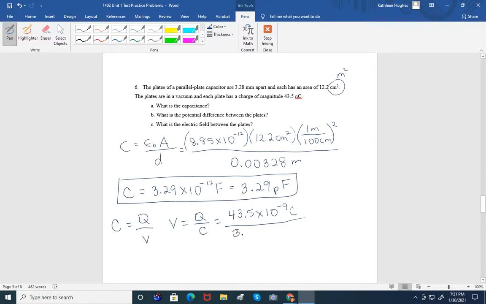Capacitance is 3.29 times 10 to the negative 12 farads. I put that in my calculator, and it comes out to be 13,200 volts. I had 3 sig figs, so I wanted to round that to exactly 3 significant digits.